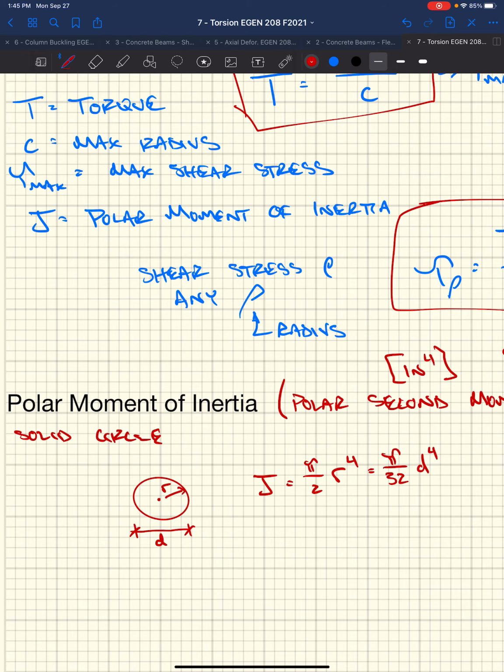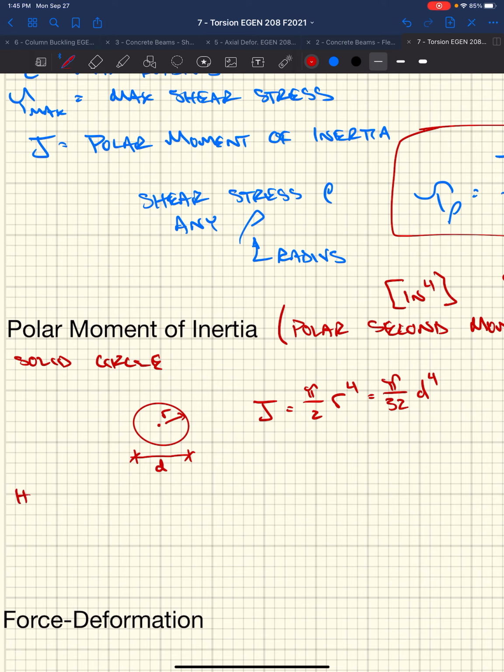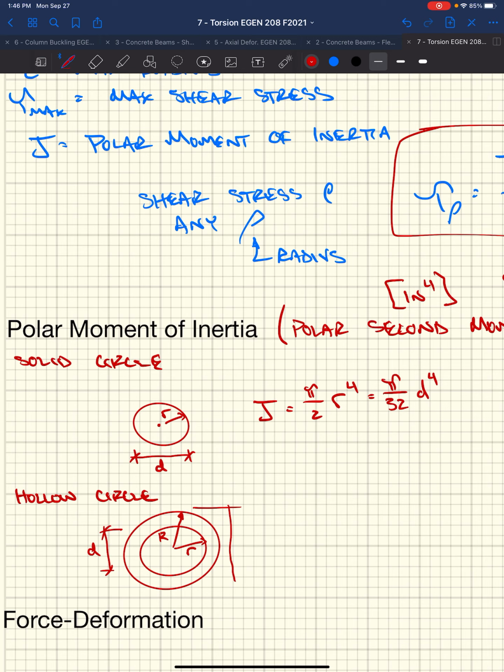moment of inertia. If you have a hollow circular shaft, or kind of oval like that one, you're going to have a small r and a big R, small d and a big D dimension, okay? Small denotes the dimensions for the inner circle, right, or the void area.